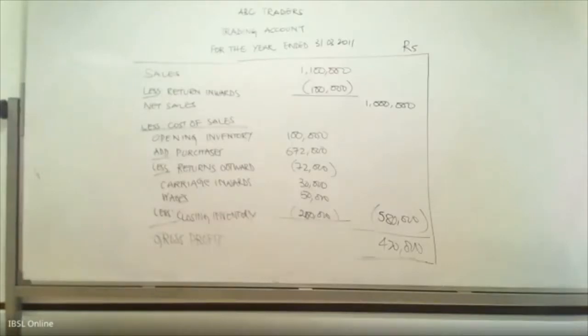Okay? Because carriage inwards and wages are part of your expenses, cost of sales, because you would have brought in these goods to your showroom. So that is your carriage inwards. And for the laborers, you might have paid wages. Okay? So those two will be part and parcel of your total cost of sales.